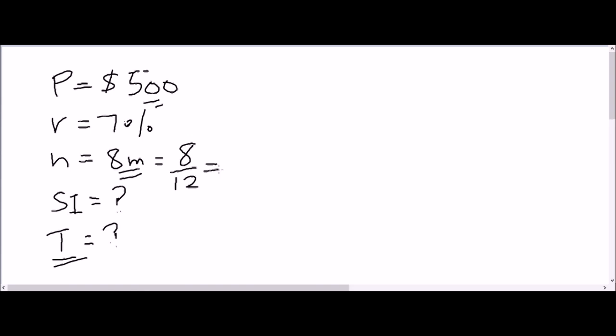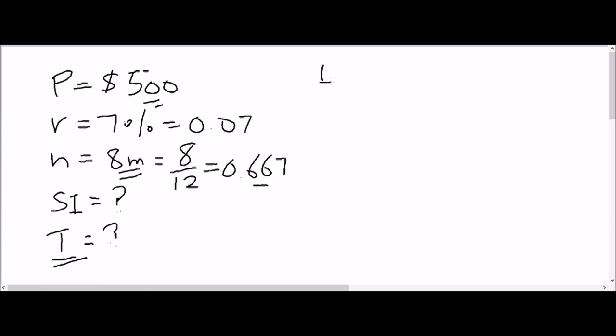So 8 divided by 12, it's a decimal, it's actually 0.667, right? So we'll use 3 decimal places, and the rate 7% is the same as 0.07, right? Because it's divided by 100.